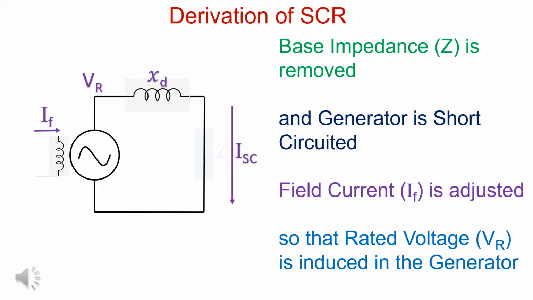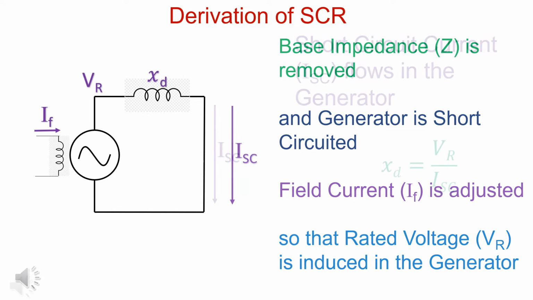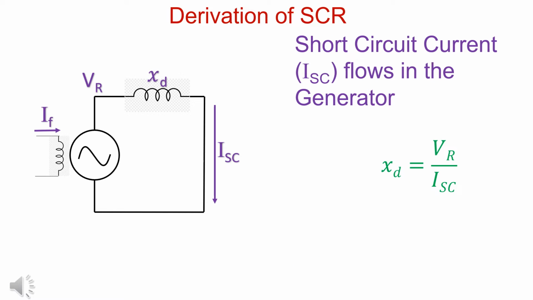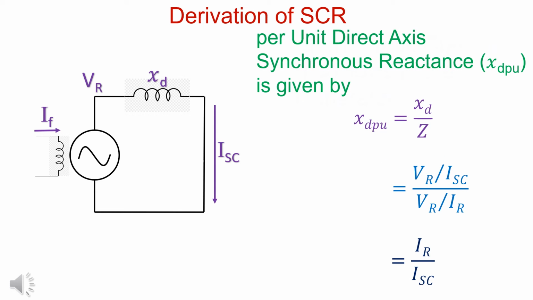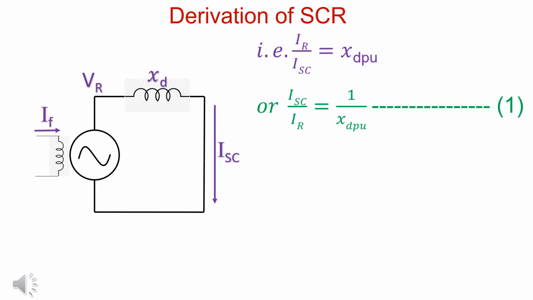Let the generator be short circuited. Field current is adjusted to get a rated voltage. Let ISC be a short circuit current. Then Xd is equal to VR by ISC. Per unit direct axis synchronous impedance Xdpu is equal to Xd by Z, which is equal to IR by ISC, or IR by ISC is equal to Xdpu, that is, ISC by IR is equal to 1 by Xdpu.